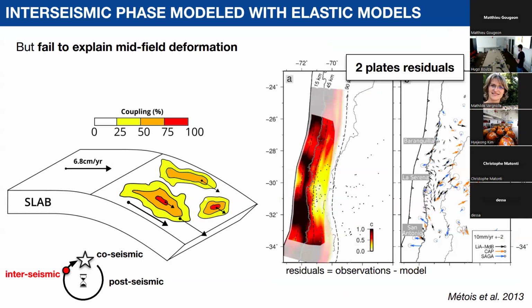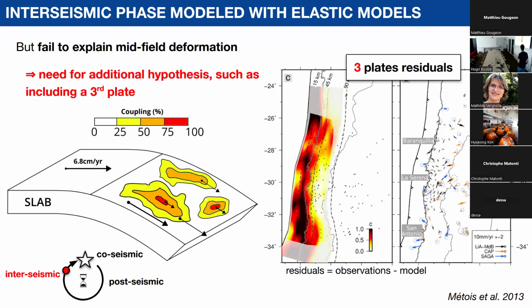The problem of elastic models to model the inter-seismic phase of the seismic cycle is that if we assume that we are in a two-plate regime, we have at the end a strong residual here in the midfield. So we are between 300 kilometers and 500 kilometers from the trench. You see here that this distribution of coupling induces a very high and coherent residual.